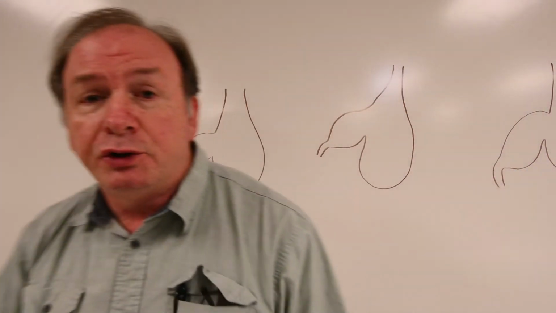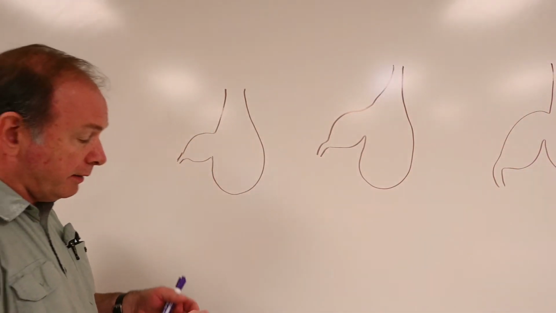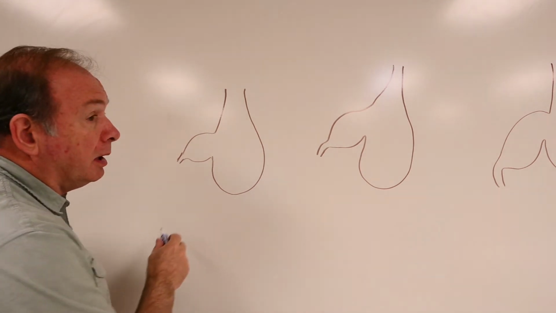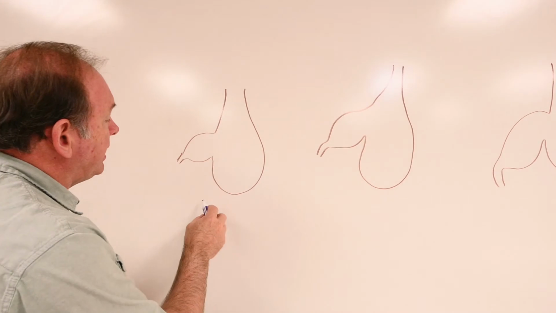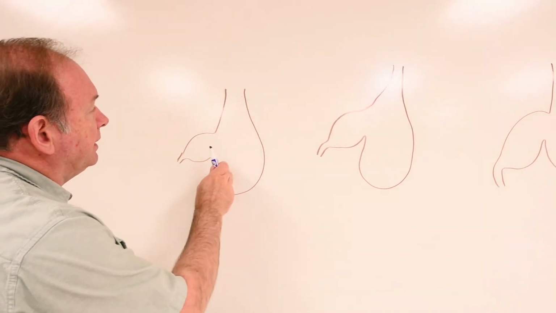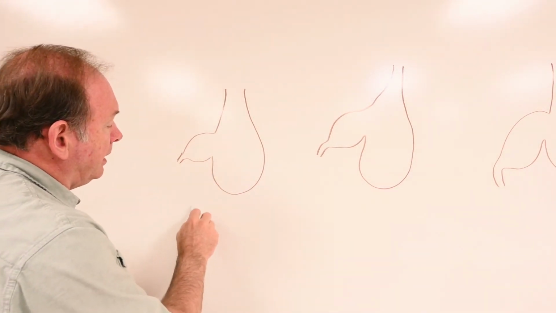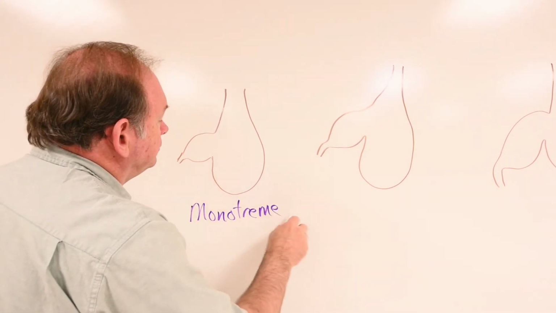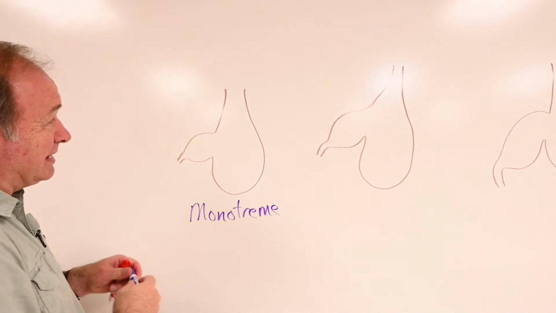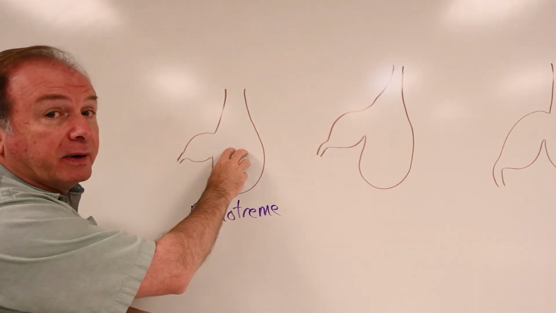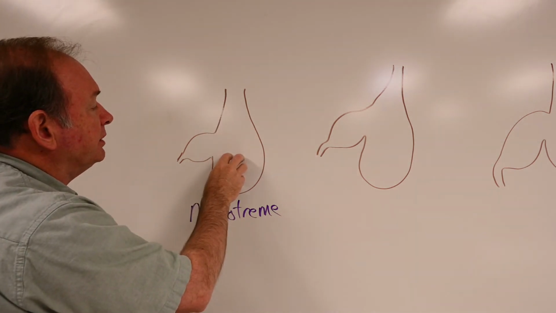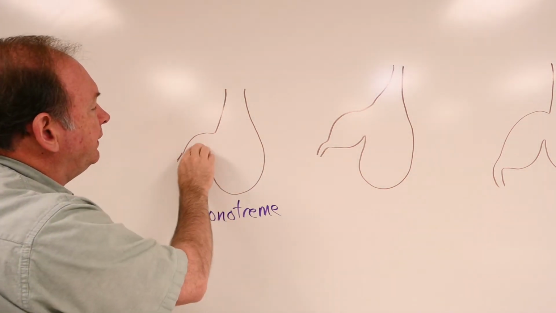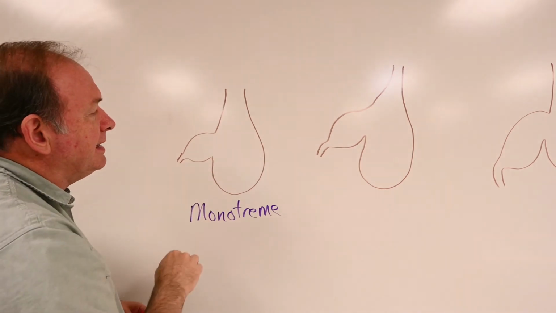All right, in our first two pictures here, we have, in our first example, a monotreme, so our platypus and our spiny anteater, or echidna, would have this type of stomach. It's a stomach that has a sac where food would first go when it comes in, and may sit there a while before it's moved into this part of the stomach and into the intestine.